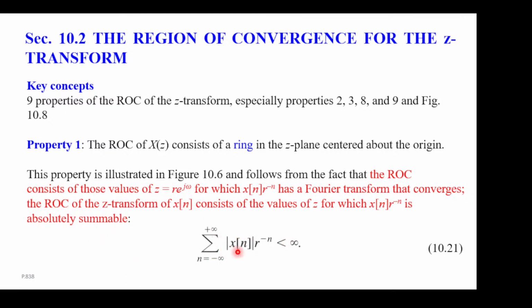Because x[n] is discrete, and so this is quite well behaved. But anyway, this is what we remember. The ROC are those rings where x[n] r to the minus n is absolutely summable.